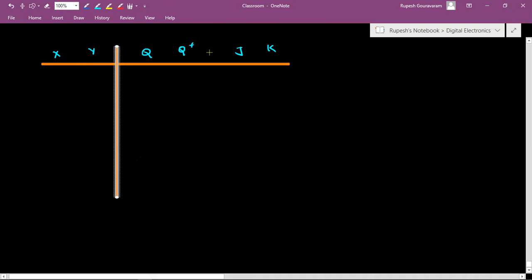So x, y are here, Q dash are here, and J, K are here.